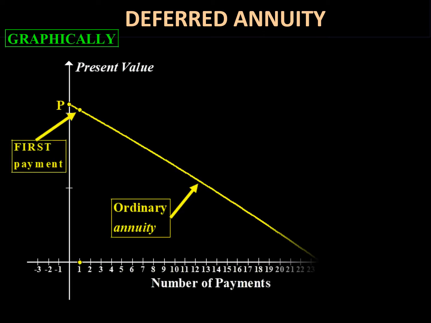Let's also look at it graphically. If you take a normal ordinary annuity with no changes, you make all your regular payments as agreed in the loan, that is the situation you get, and this line here would represent your outstanding balance. Let's say after the 15th payment, your outstanding balance would be that amount there. After the 24th payment, your outstanding balance is 0.